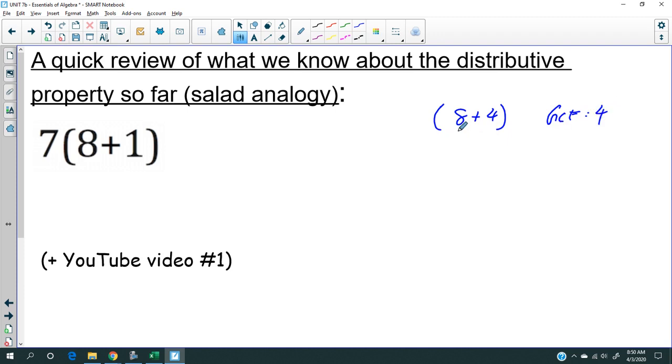And then you divide both of these by the greatest common factor, and you write this out front. 8 over 4 becomes 2, 4 over 4 becomes 1, and that would be considered the answer, right? Because 4 times 2 plus 1 is the same thing as 8 plus 4, and either way, the answer comes out to 12.